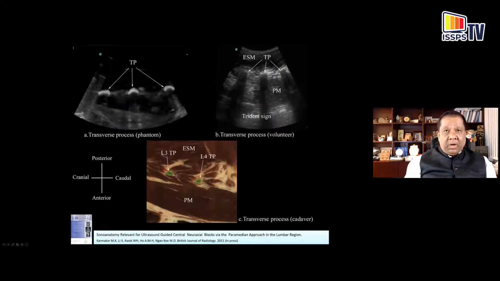If you remember from our webinar on the lumbar spine, they produce a cross-section view of the lumbar transverse processes, and because it is bone, they cast a shadow. These shadows are the acoustic shadows of the transverse processes. And if you have determined the level of the scan by looking at the lumbosacral junction, as we discussed in our previous webinars, then you will know that these are the L3, 4, and 5 transverse processes.